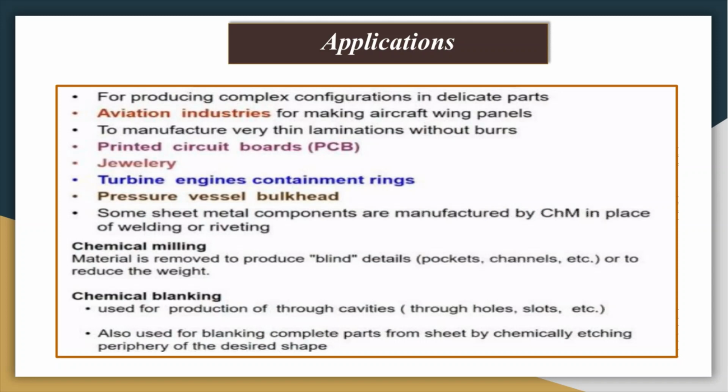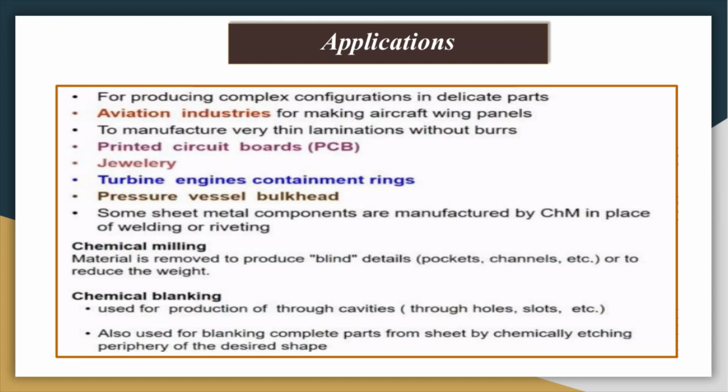So chemical milling and chemical blanking are the two most common versions of chemical machining. During chemical milling, the material is removed to produce shallow detail, that means detailed pockets and channels, etc., or to reduce the weight. And during chemical blanking, the details that usually penetrate the metal, that is holes, slots, etc., are produced.